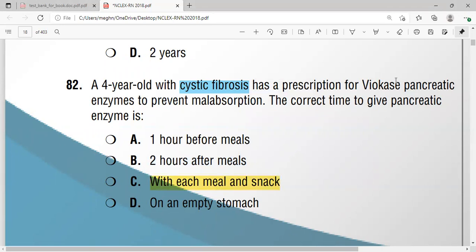Because this medication, pancreatic enzyme, is used to facilitate digestion. So we give it with the meal, and it should be given with meals and snacks. It works well with food. Answers A, B, and D are not correct.